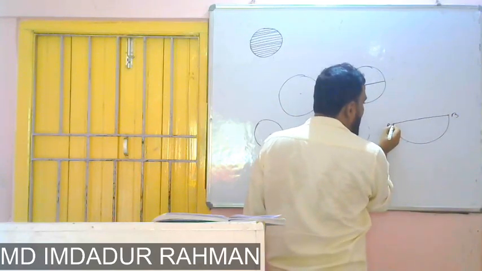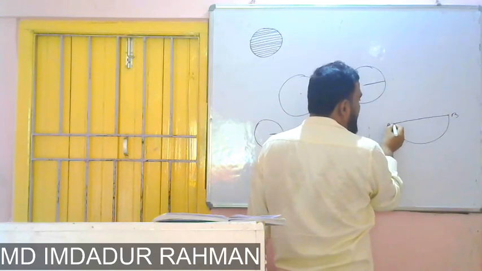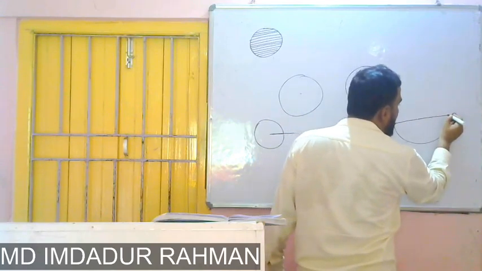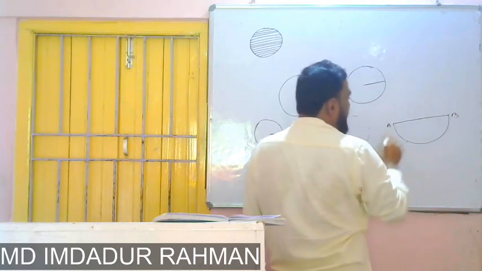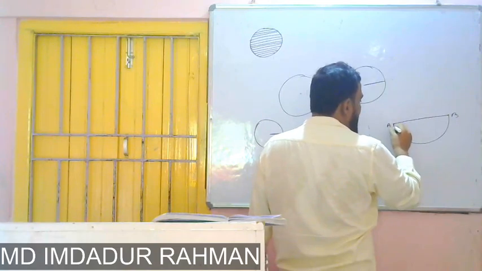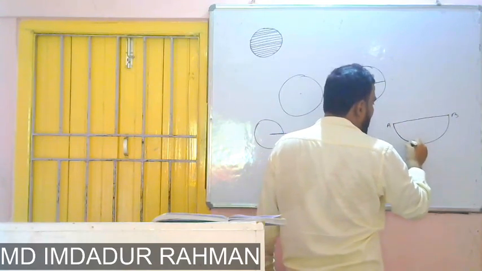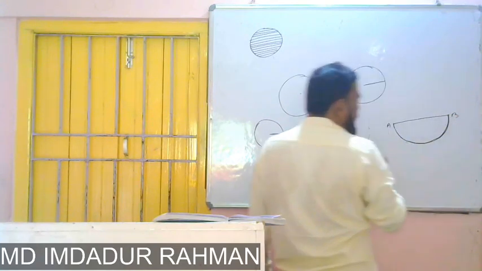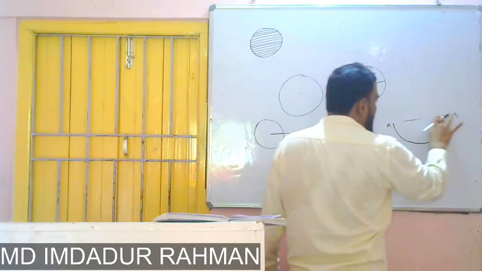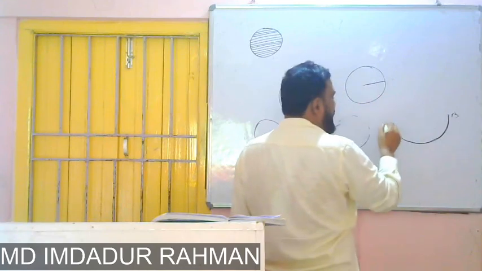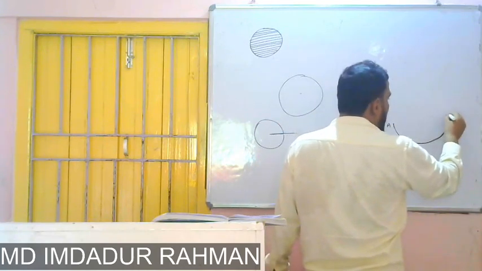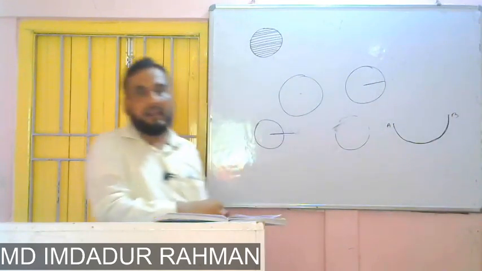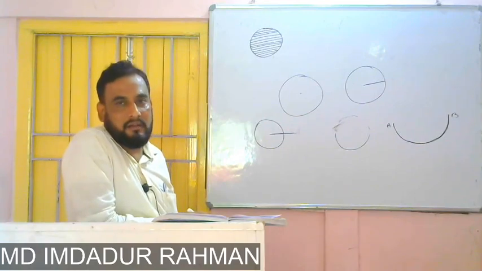A is one end point and B is another end point of the diameter, and this curve AB is the arc of the circle. When the end point of the diameter is the end point of the arc, then the arc is called a semicircle. Okay.